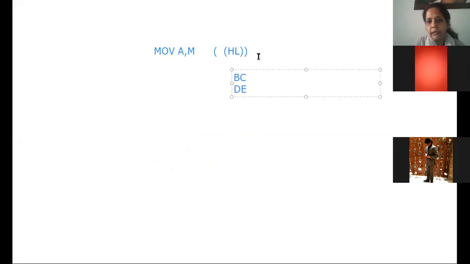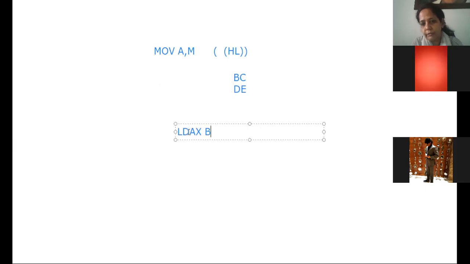then I don't have a direct instruction like this. So what I will say is LDAX, and then I will write the register name, BC or DE. So whatever is the address in BC, the contents of that address will be transferred to the accumulator.